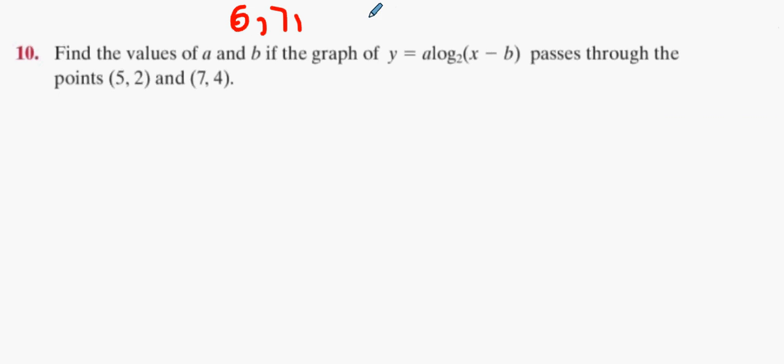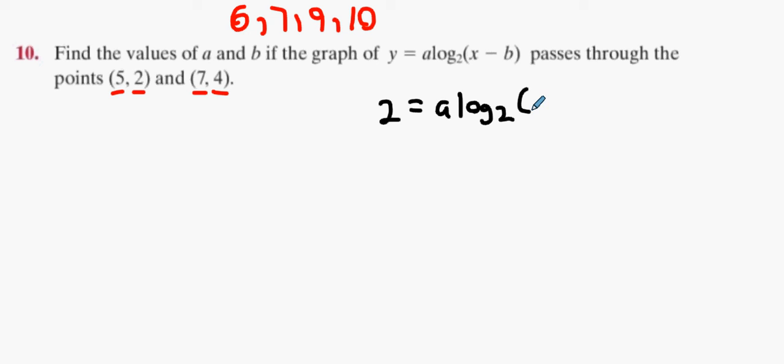You may need to look over these again and try them yourself and see if you can get them out. I think it's very similar to the last one, isn't it? Sub in the x and the y values and see what happens. So to get attempt marks, we're going to go 2 equals a log base 2.